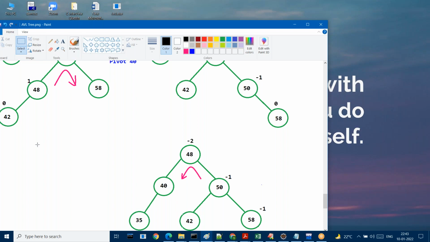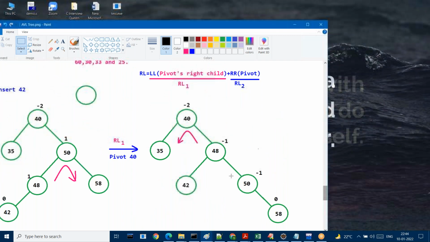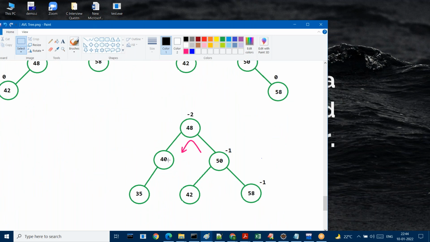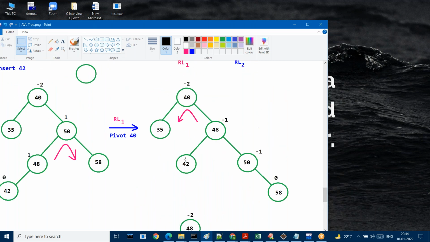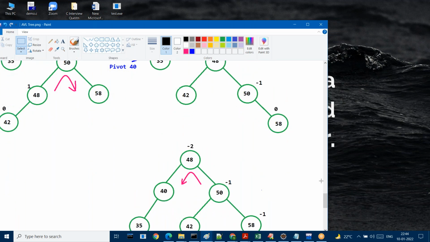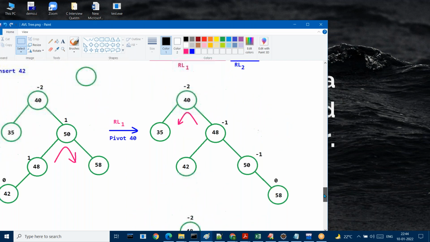Previously the left child of 48 was 42, but due to the rotation the left child of 48 becomes 40. That is correct. But who is creating the problem among these?